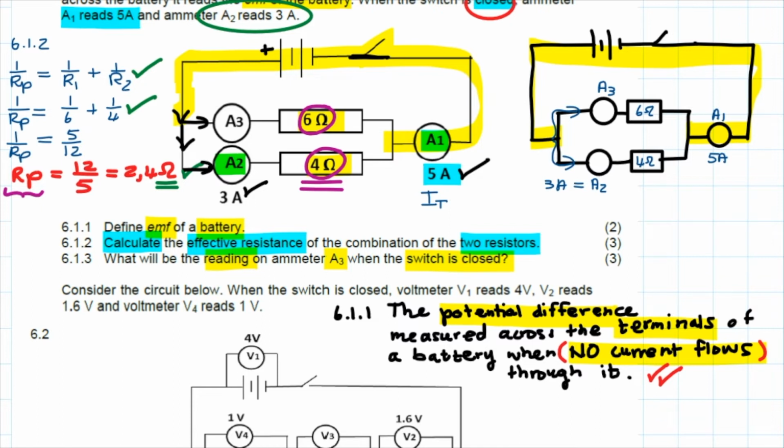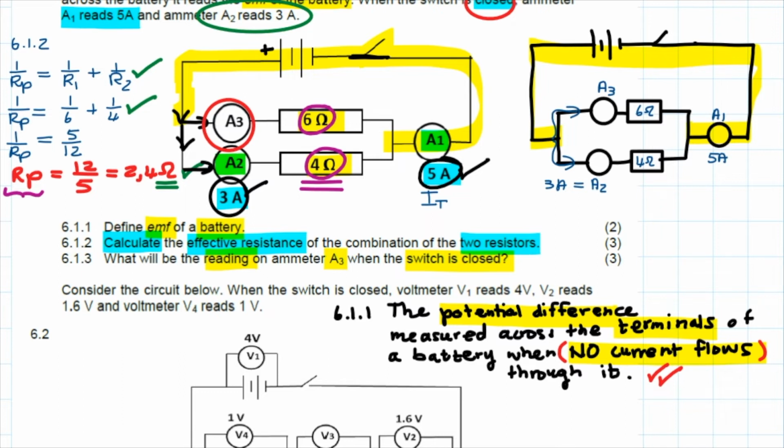We've been provided with the reading on A2. It is 3 amperes. So of the 5 amperes, we see that 3 amperes is going through the 4 ohm resistor. We know that the rest is going to go through the 6 ohm resistor, through A3.